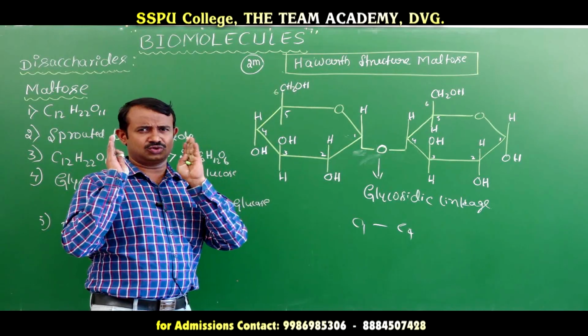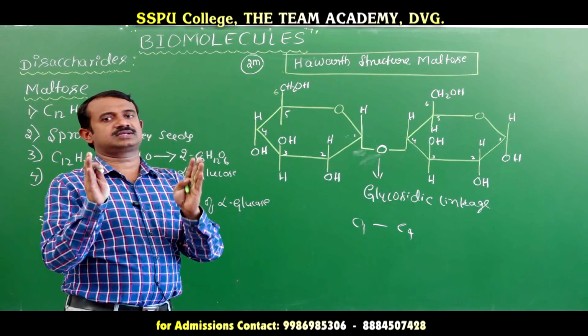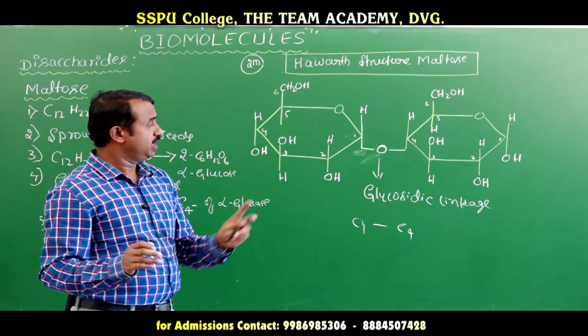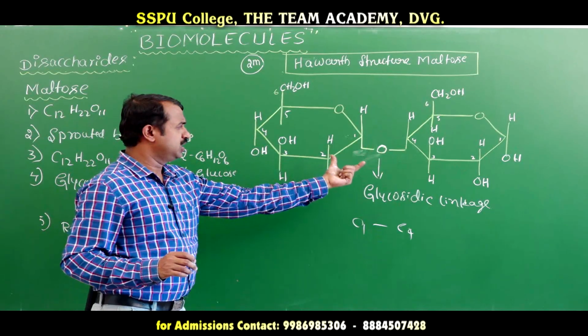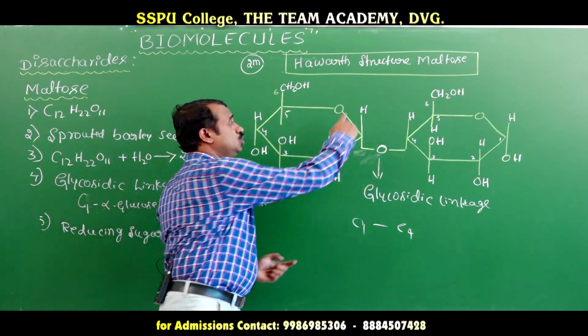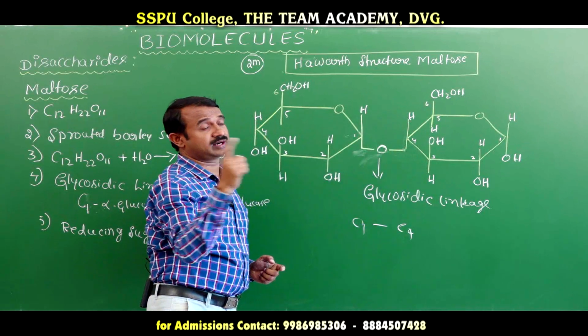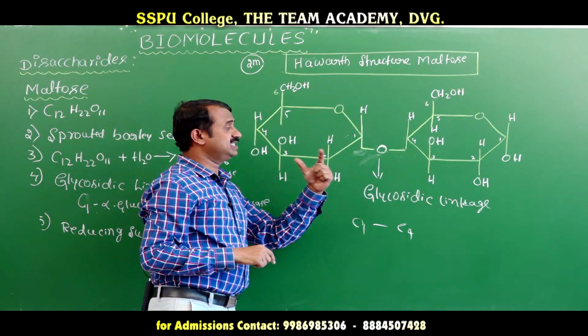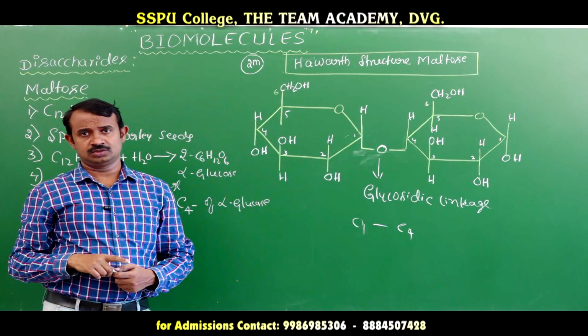You should simply know the structure of alpha glucose. Write the two alpha glucose, remove one water molecule, and write only oxygen in the middle. This is a U shape, you should remember the U shape. This is the structure of maltose.